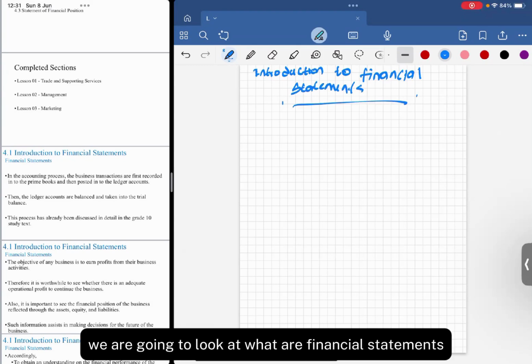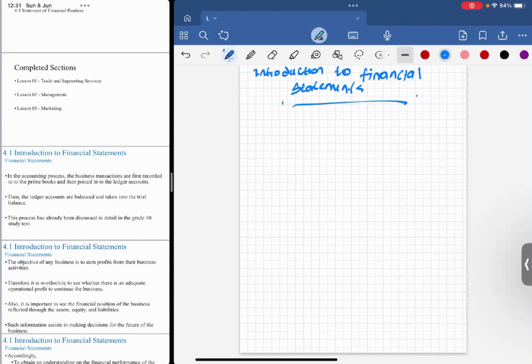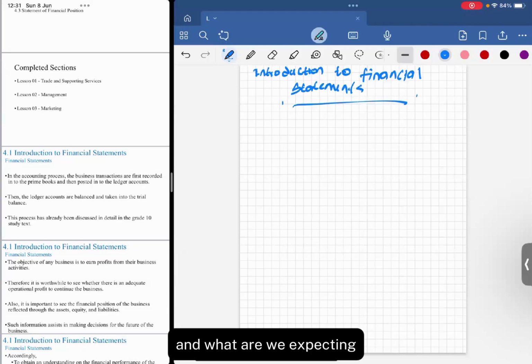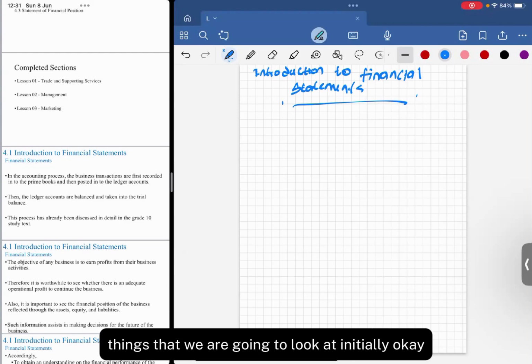So we are going to look at what financial statements are, how we come to the point of financial statements, and what we are expected to obtain from financial statements. So those are the basic things that we are going to look at initially.